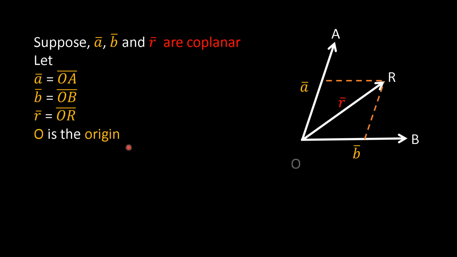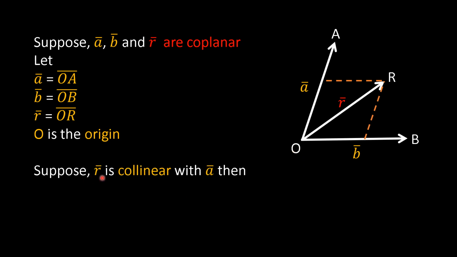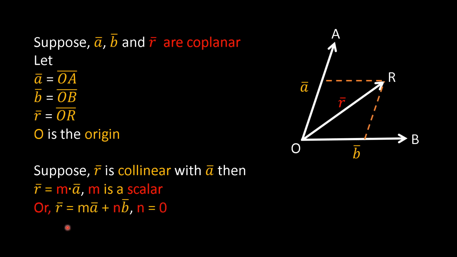O is the origin. Suppose r bar is collinear with a bar. Then r bar will be m a bar, where m is a scalar, or r bar will be m a bar plus n b bar, where n is 0.